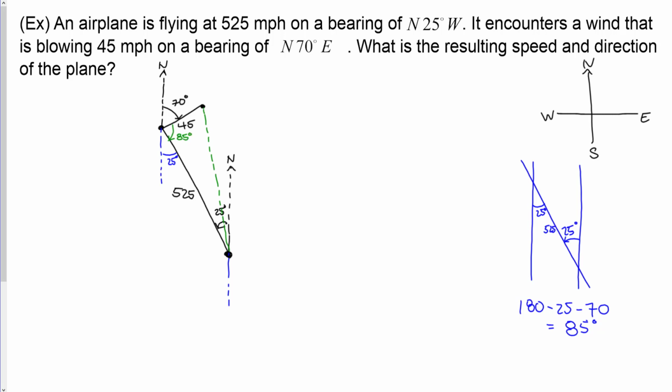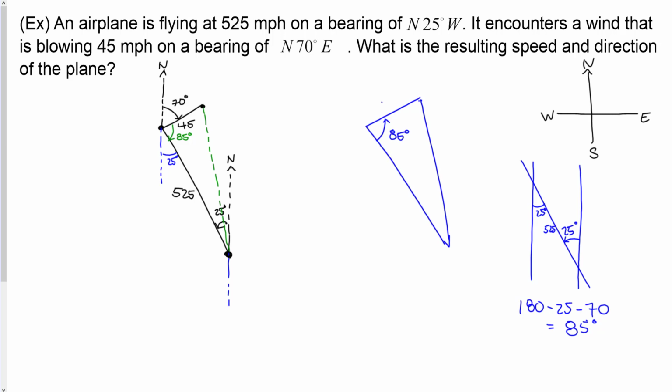Now that's an important one. The reason that one is important is because if I increase the scale of what I'm looking at, I know this angle measure right here is 85 degrees.